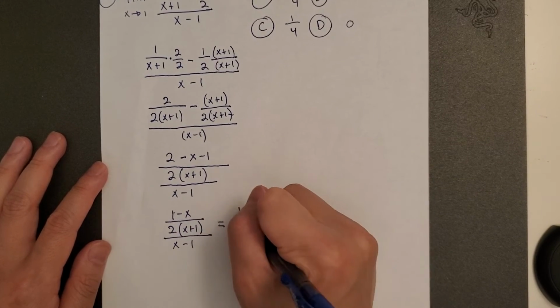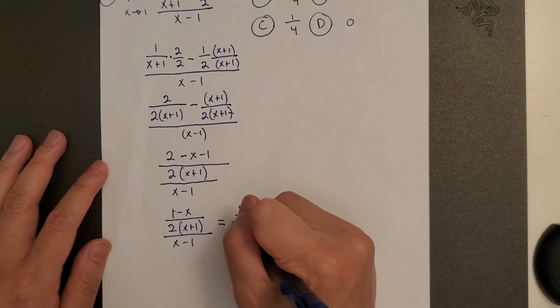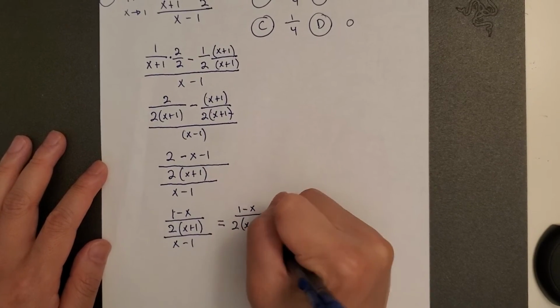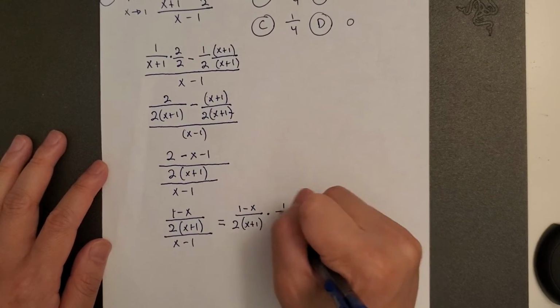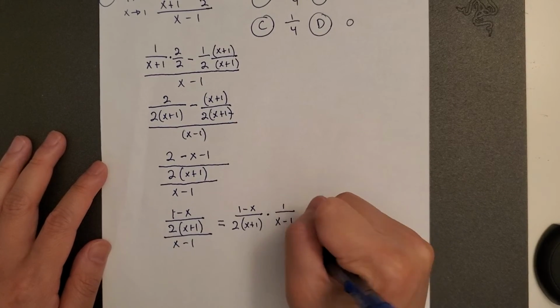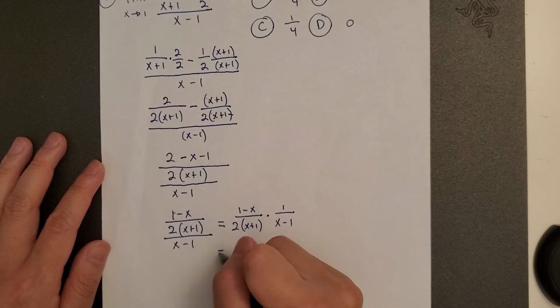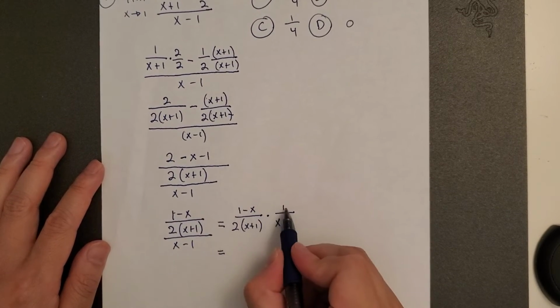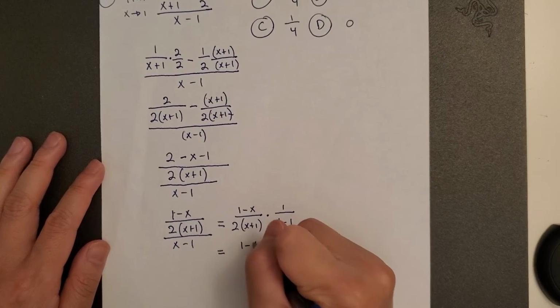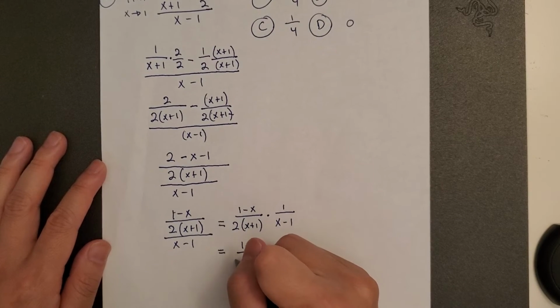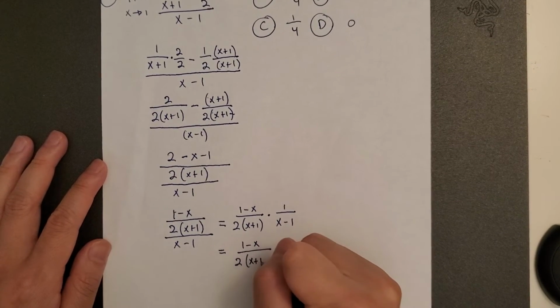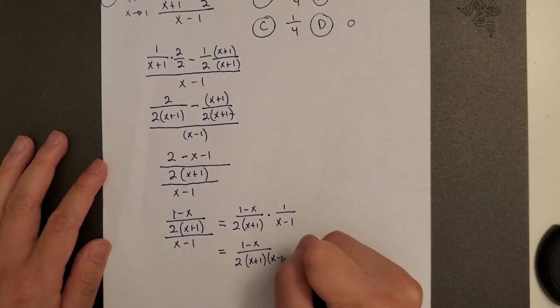So this equals 1 minus x over 2 times x plus 1, times 1 over x minus 1. Once we do that, we can see that it's just multiplied by 1, so we have 1 minus x all over 2 times x plus 1 times x minus 1.